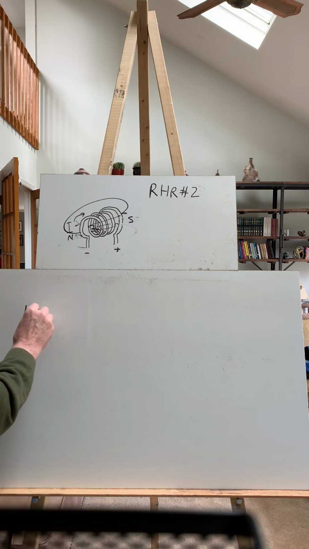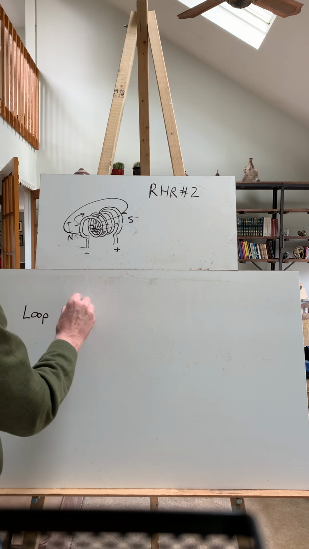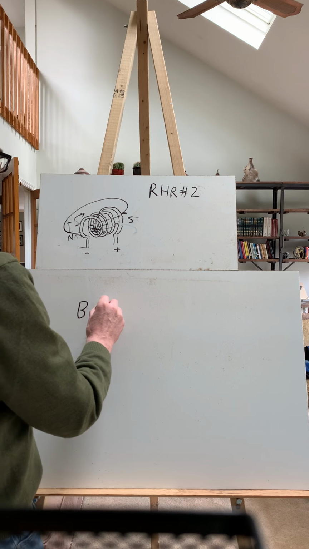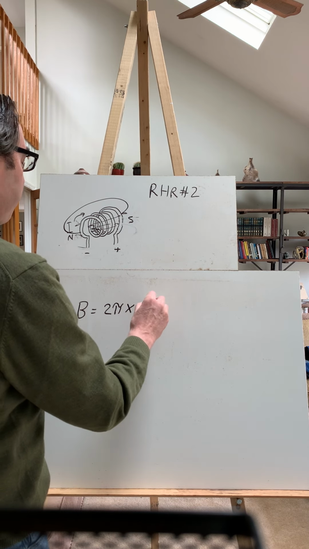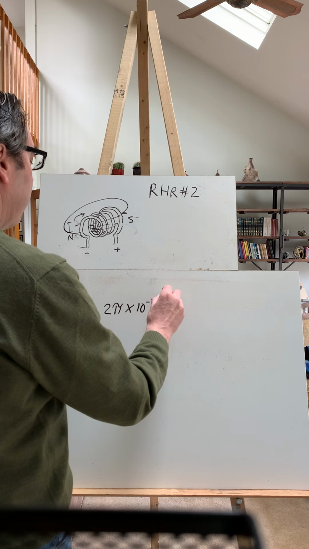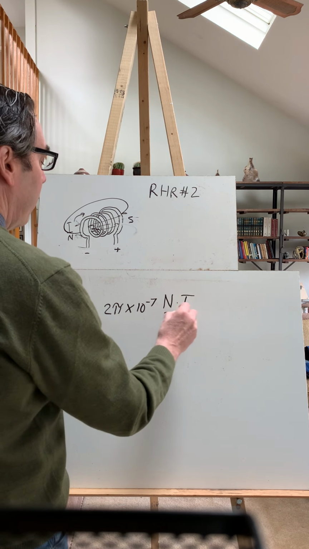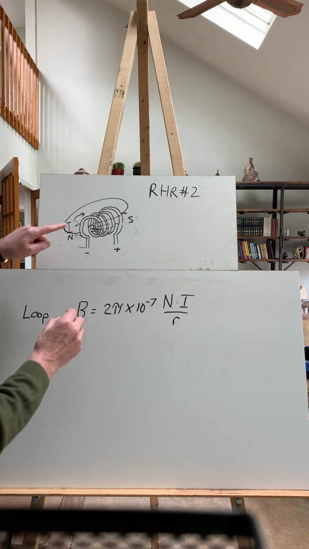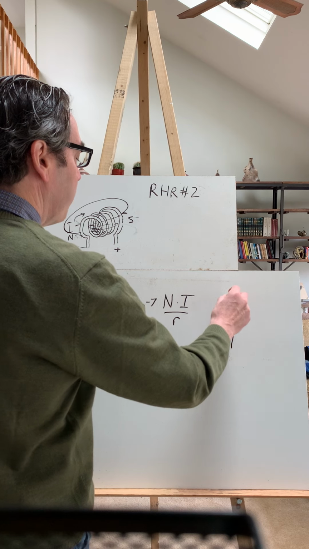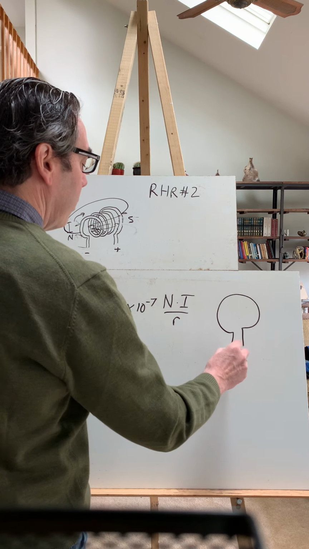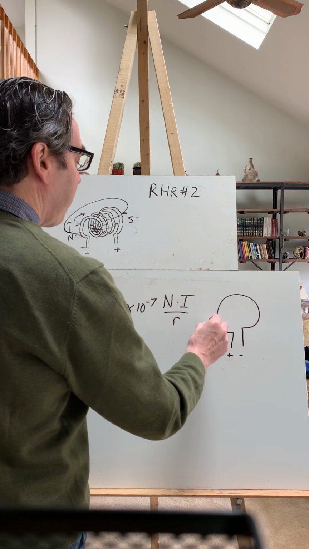If we have loops of wire, then the magnetic field is going to equal 2 pi times 10 to the minus 7th times the number of loops times the current divided by the radius of the loops. So that's for loops of wire. So the current's going like this.